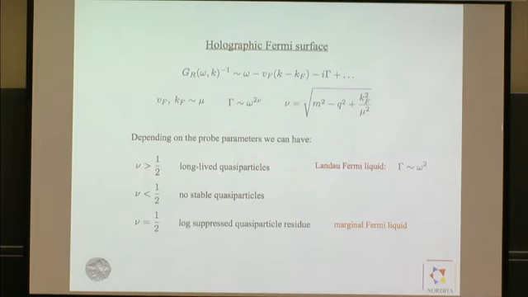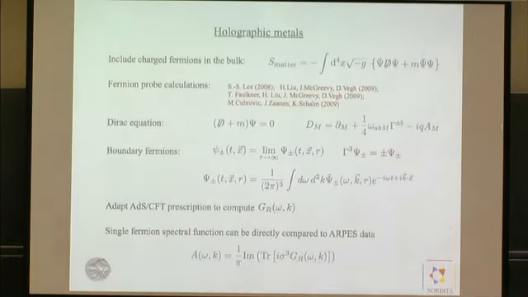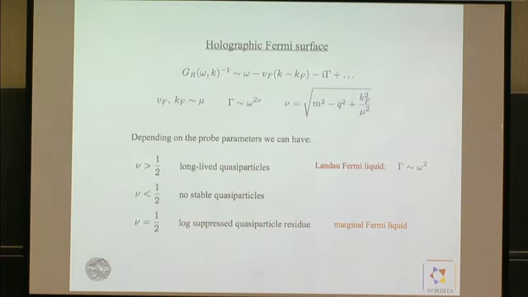Going through this procedure, depending on the parameters of your model, for example the mass of the fermion, you will find that your 2-point function will have poles. If you have a sharp pole, that's an indication that you have a Fermi surface in the system.